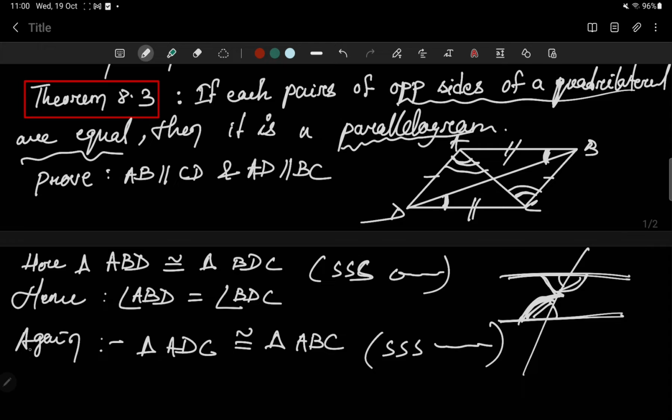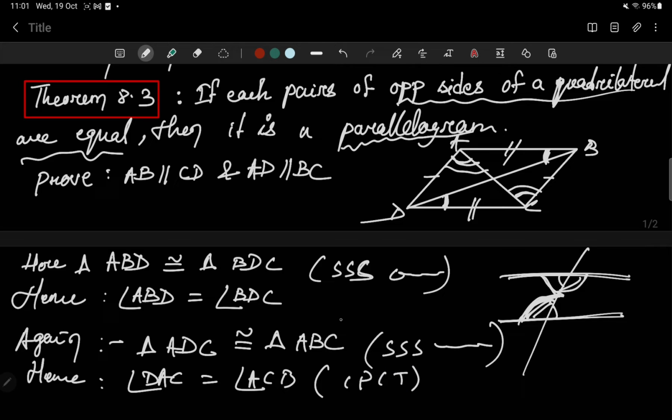Hence angle DAC equals angle ACB due to CPCT.